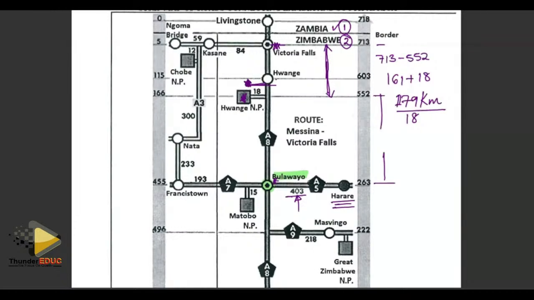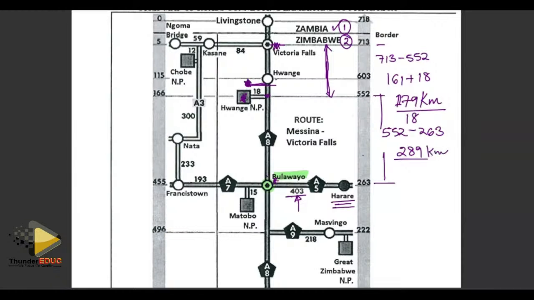He continues to Bulawayo. So it's 552 minus 263. We get the answer 289. These are kilometers.